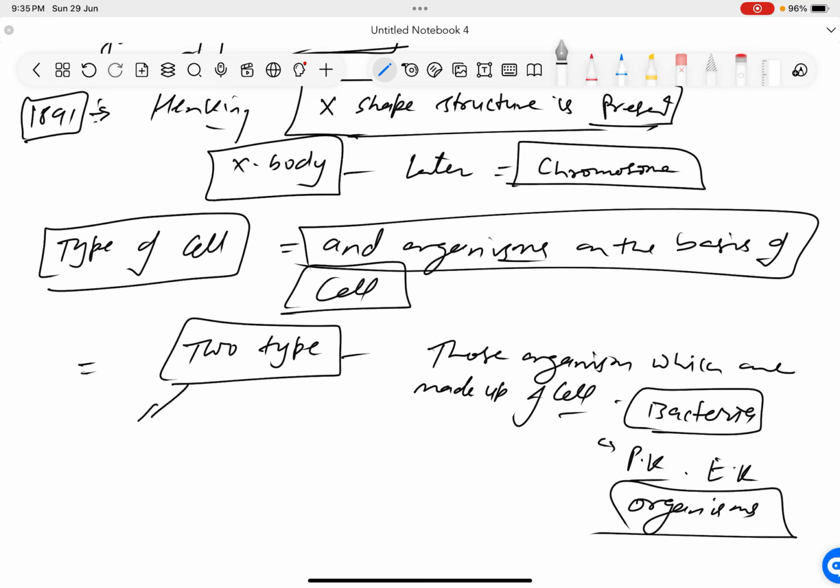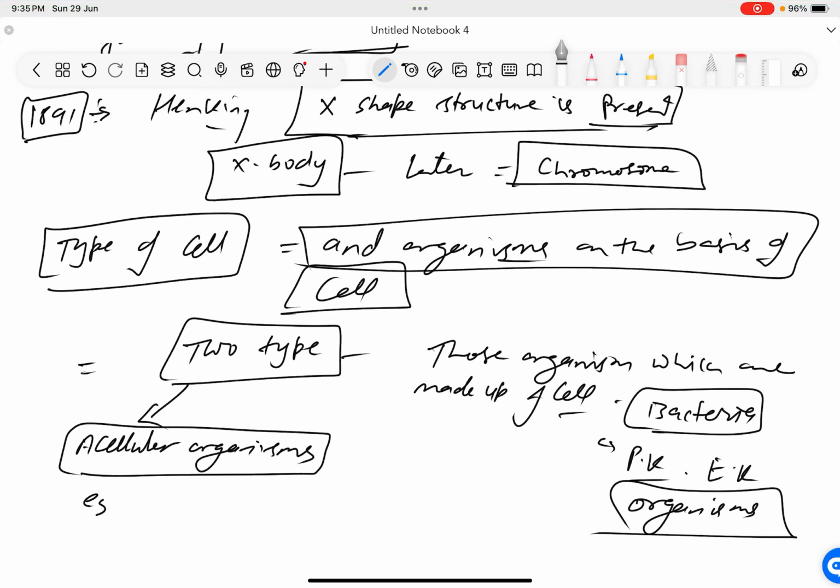The second type is the most primitive if we follow the progressive theory, and if we use the retrogressive theory, then they may be the most advanced living organisms. Acellular organisms, for example viruses.